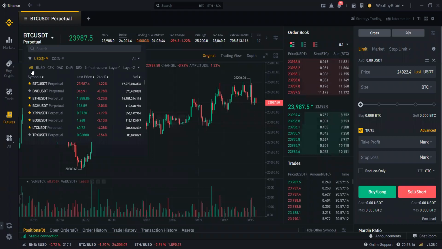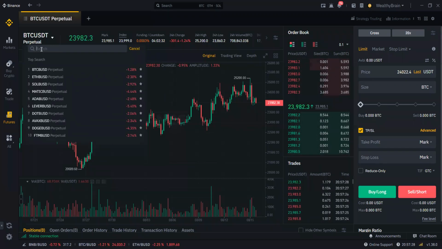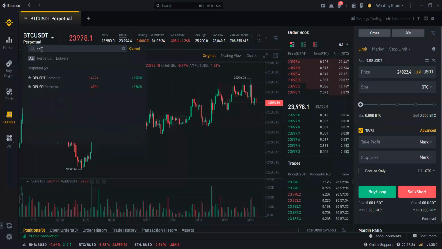You are not selecting a particular pair in this. So for you to get the particular coin you want to trade on futures, all you need to do is, once the name of the coin is given to you, go to search. Once you get to search, type in the name of the coin. Let's just use this coin. Just type OP.